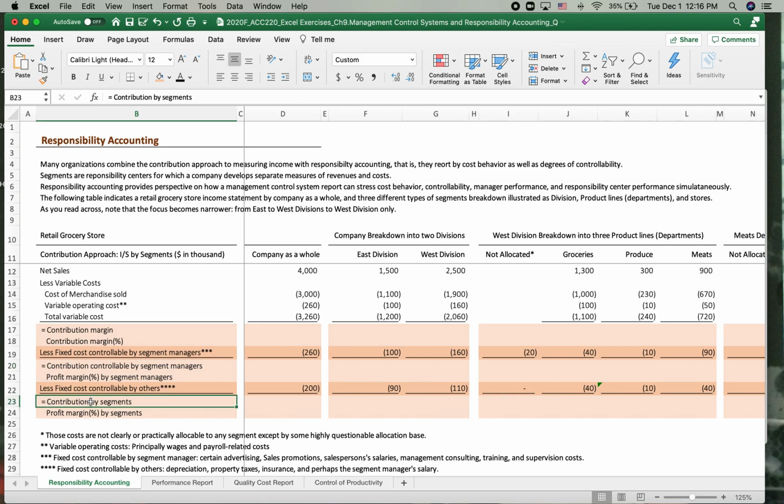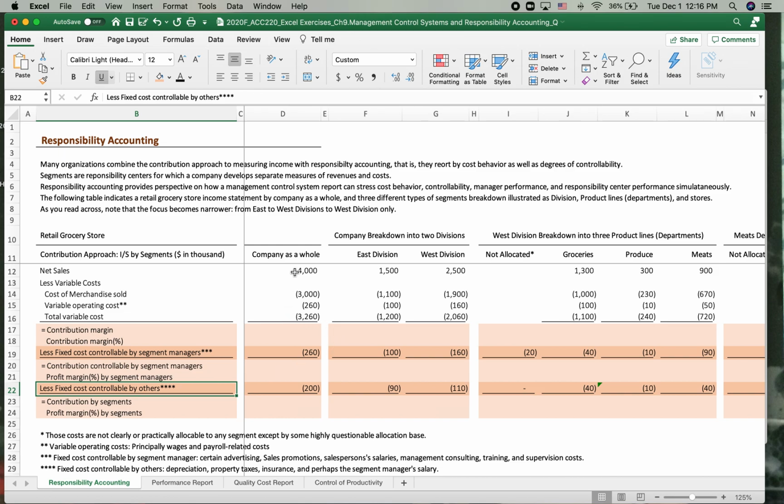The contribution is one of the measures of performance. The reason why we segregate the fixed cost into controllable and not controllable, or controlled by other managers, is that we want to give the right feedback to the managers who have the responsibility for this result.